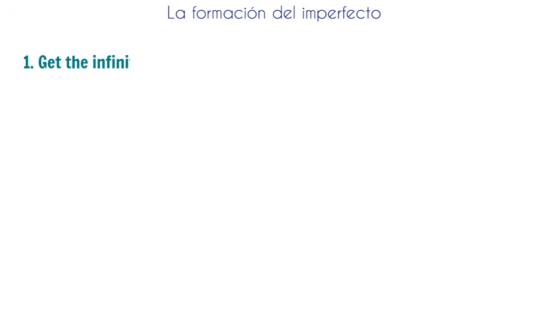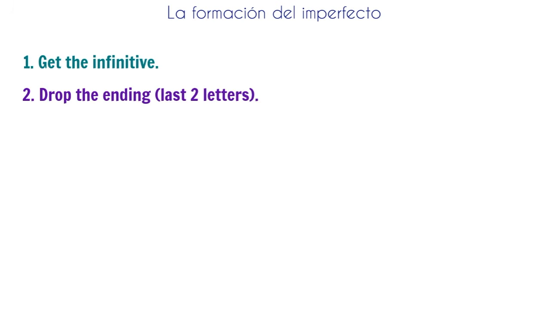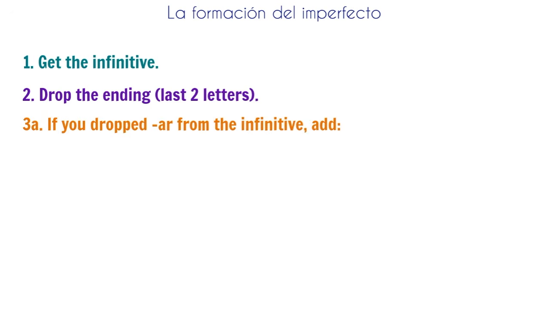So how is this formed in Spanish? As usual, there are rules and exceptions. First, the rules. Step 1. Get the infinitive. Step 2. Drop the ending, just like in regular conjugation. Step 3 changes depending on what letters you removed in Step 2. If your infinitive started out as AR, add these endings.